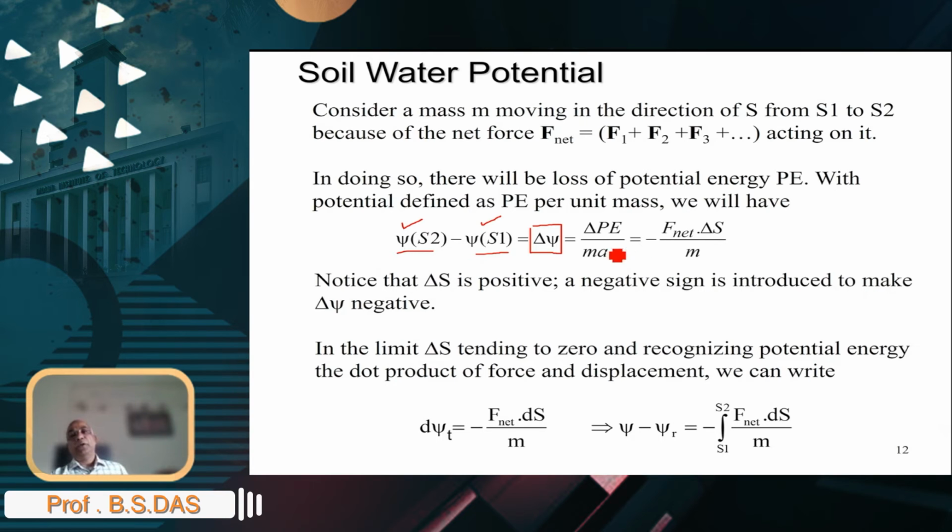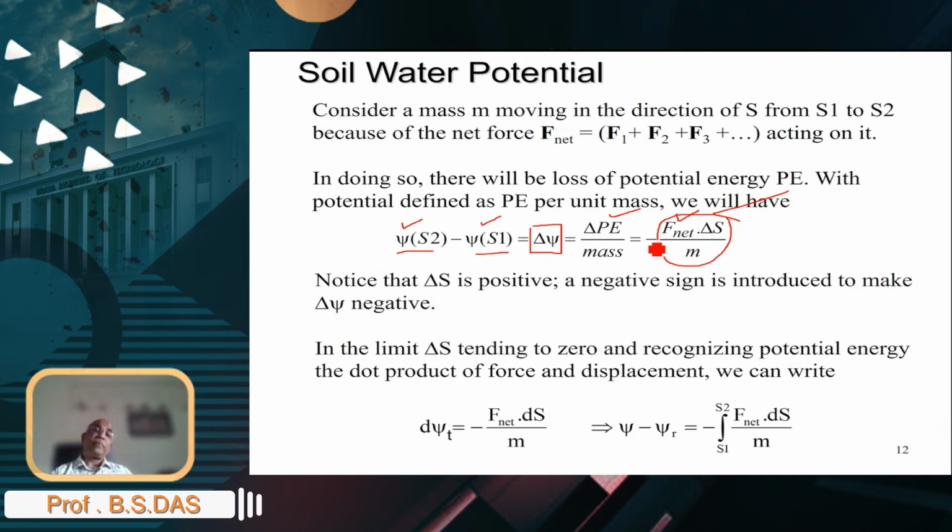If you write this potential energy in terms of the work done, a dot product of the net force and the displacement vector, divided by m, both of these are positive quantities. You have to introduce a negative sign so as to take into account that water is moving from a higher potential to a lower potential.